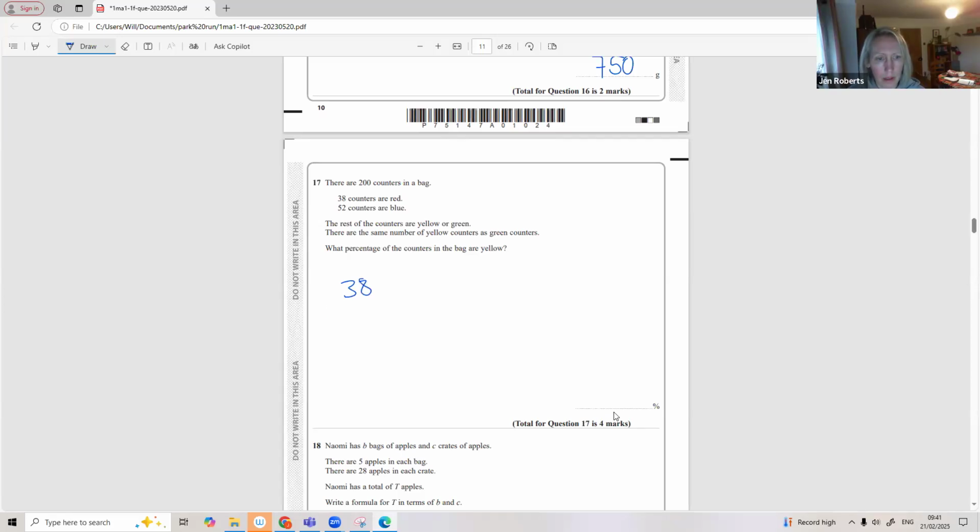Let's add those together. 8 add 2 is 10. 5, 6, 7, 8, 9. We've got 90 red or blue. So now we need 200 take away 90. Well, it's 10 to get to 100 and then another 100, so it'd be 110, right? So 110 counters are yellow or green.